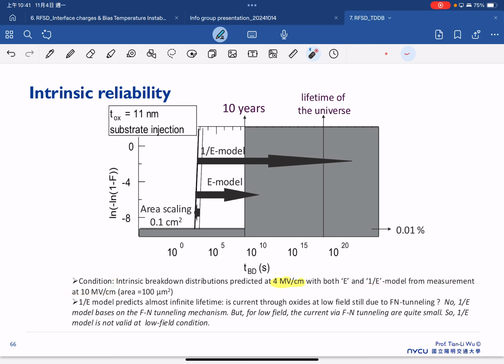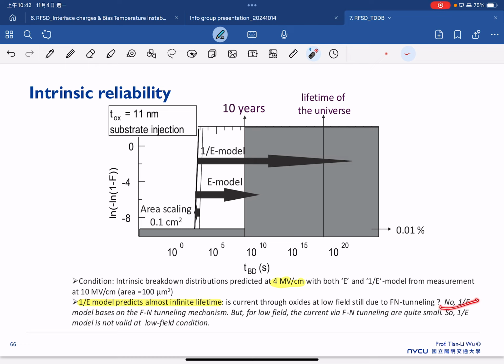But now we found out that the 1/E model predicts the infinite lifetime. You can see if we use the 1/E model, our lifetime is longer than the universe here. So that means the 1/E model doesn't make sense in this prediction.